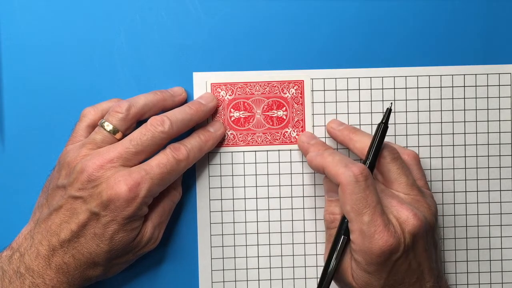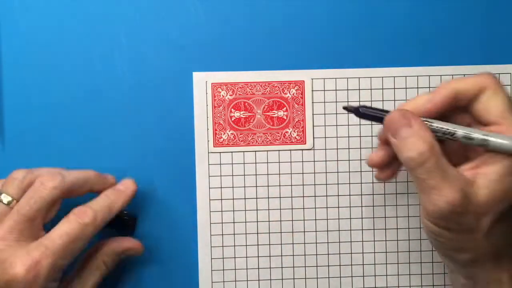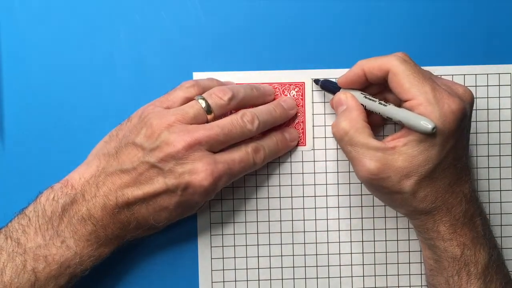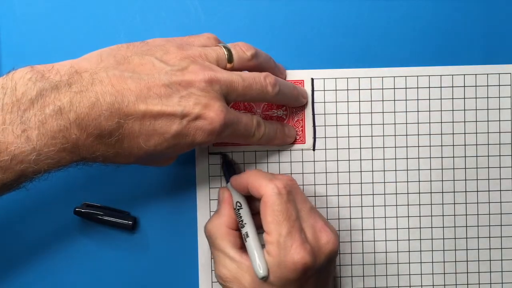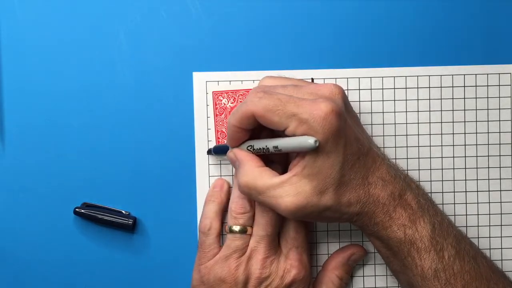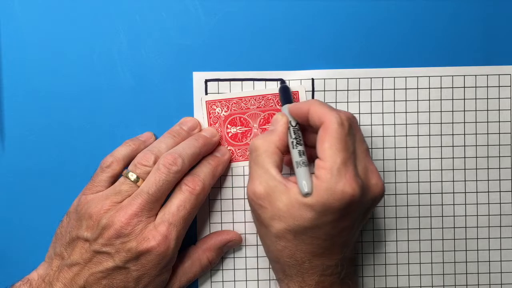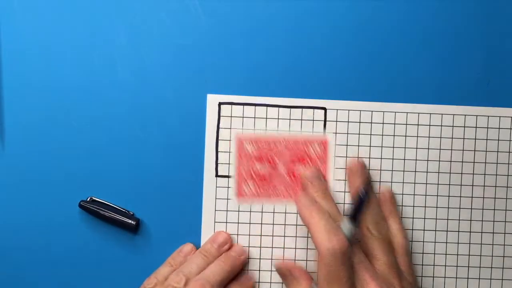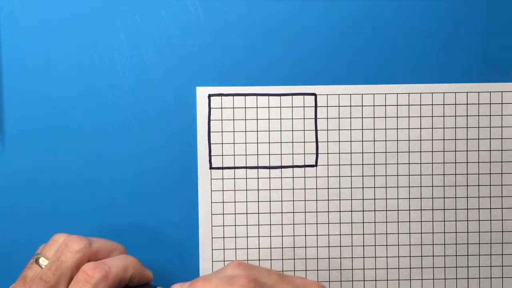So if I were to outline with a thicker marker the area that this card is taking up, being careful not to get the marker on the card. Got a little bit on the card. Okay, so that card covers up about that many squares.